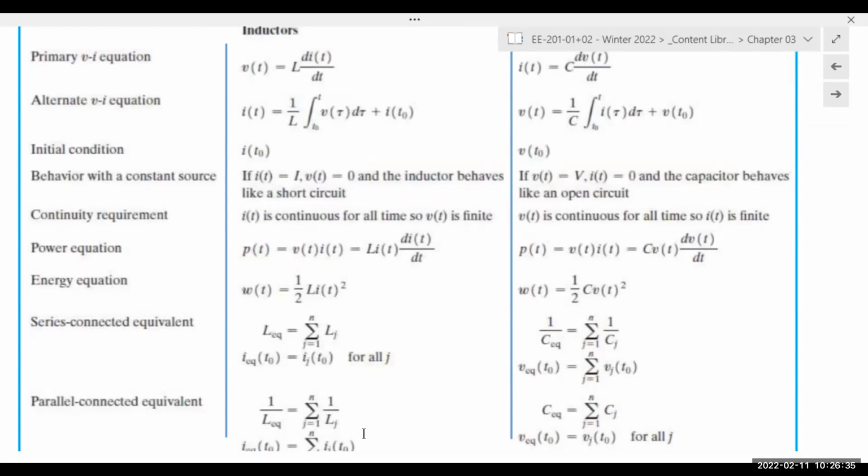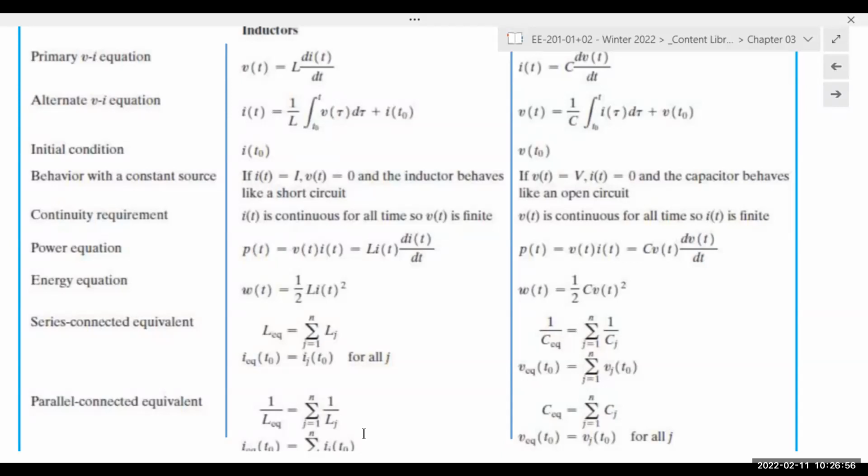And of course, inductor behaves like a short circuit, capacitor behaves like an open circuit. Power equations, energy equation, and then we'll look at how to add up capacitors in series and parallel in just a moment. But again, this slide has all the equations that you would need.